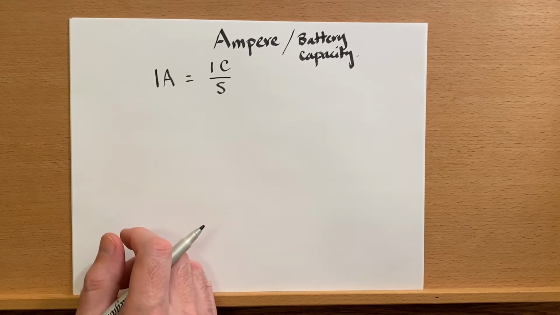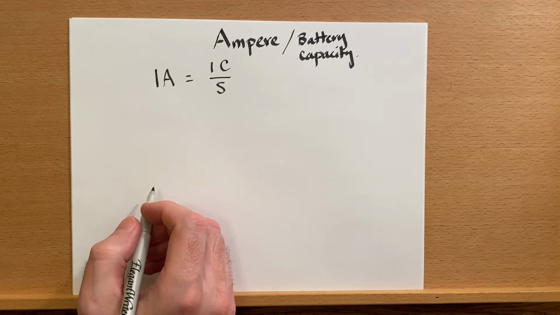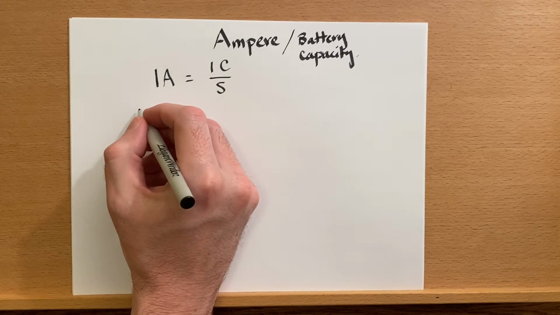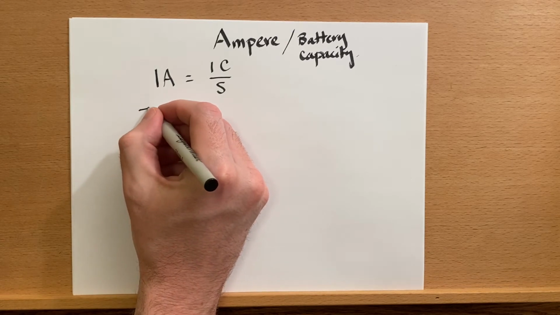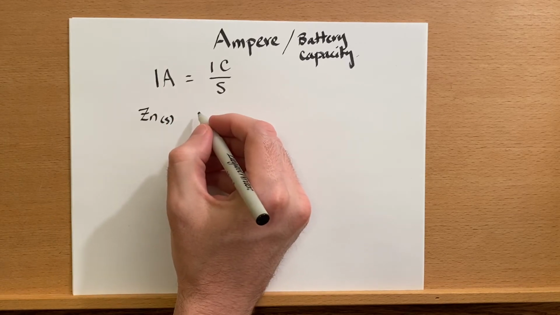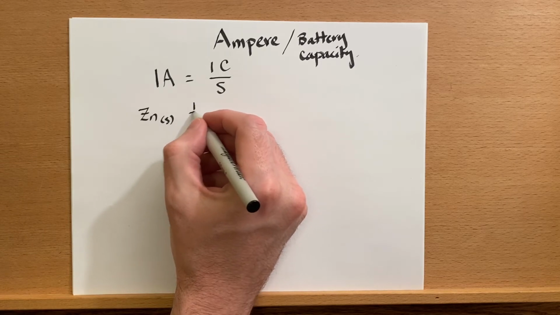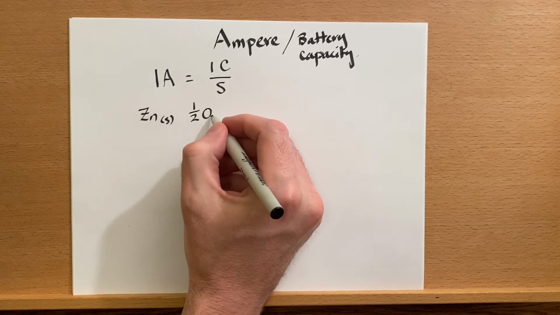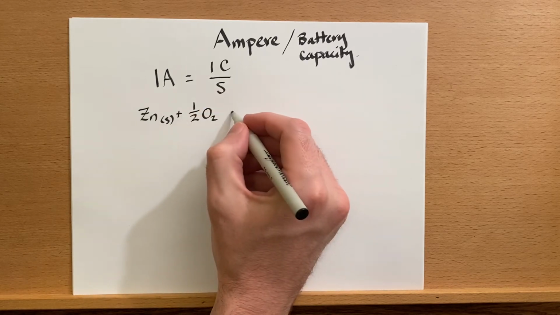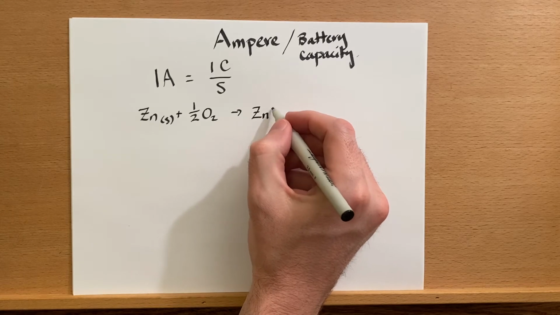There are some batteries that are based off of zinc and they oxidize with the air. And let's just examine this reaction. We have a zinc battery. It's reacting with the air, and to make things simple, I'm just going to say 1/2 O2. Goes to a zinc oxide.